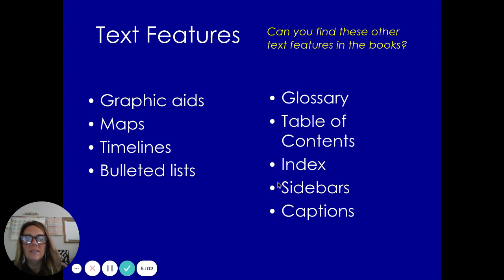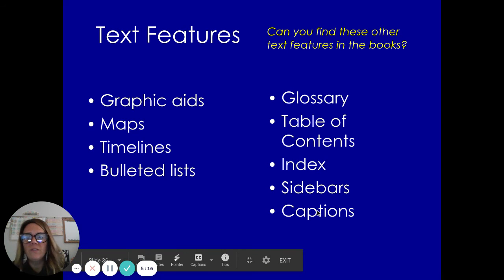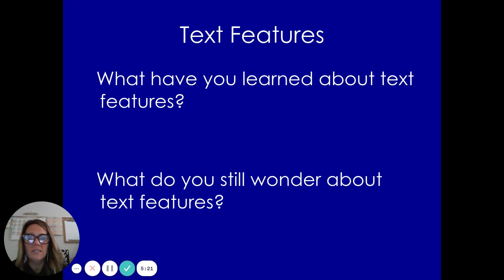Okay, sidebars. So sidebars are little notes. I don't know if you've ever read a book and they have little bitty notes on the bottom or on the side of a book. Those are little sidebars. Again, it just helps you understand more about what you're reading. And then we talked about captions. Captions are found underneath or beside pictures that explain what the picture is about.